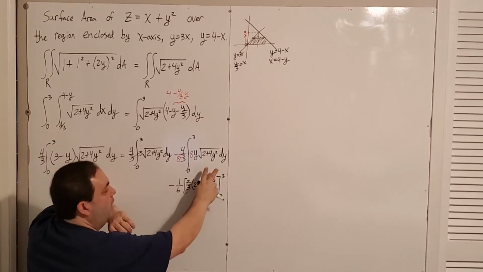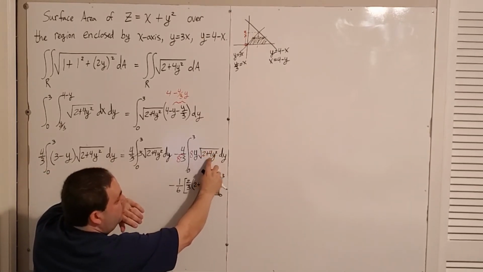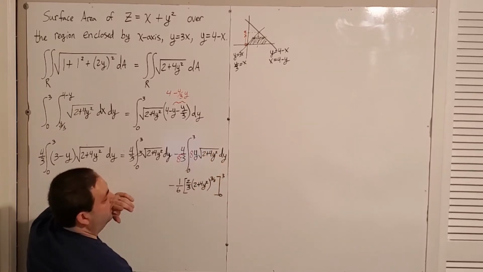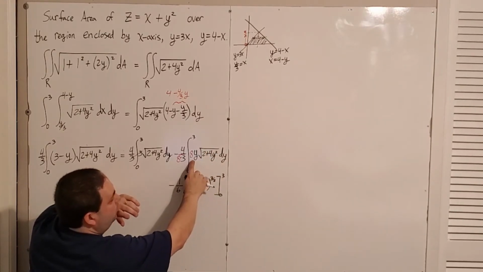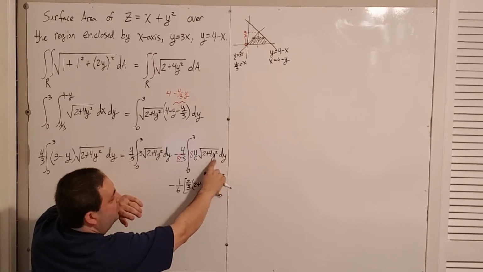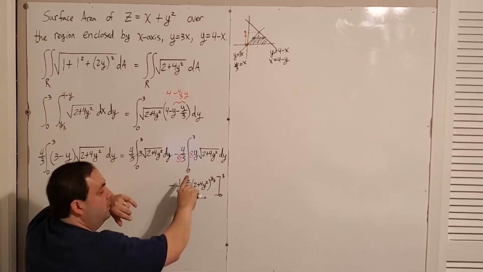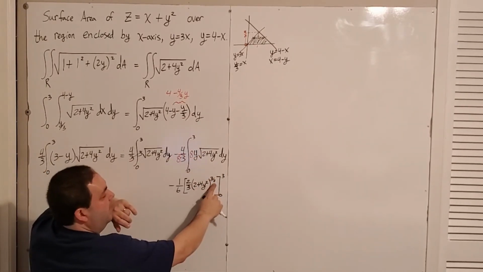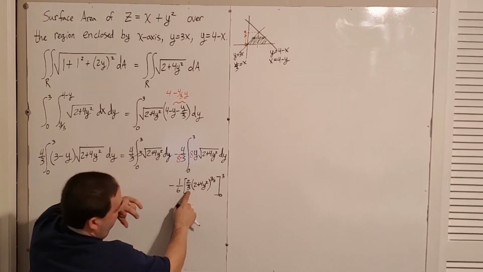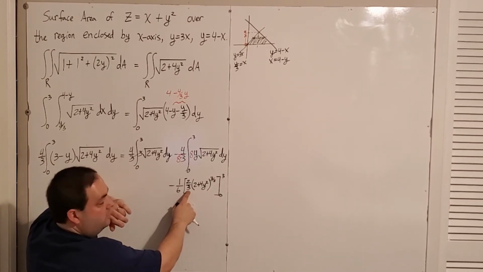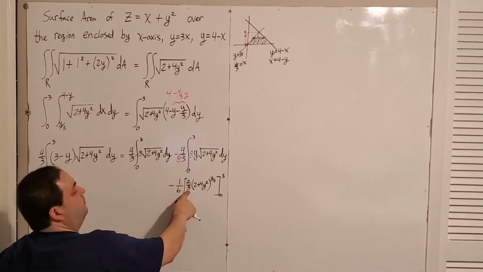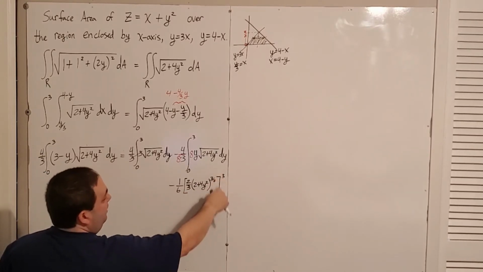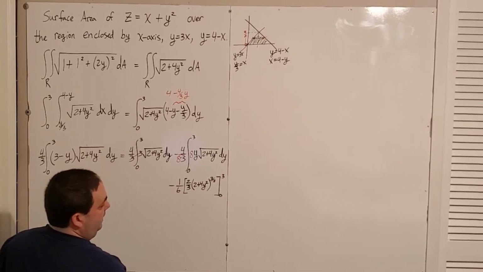What really happened, right? We did a substitution. I let u equal 2 plus 4y squared. Therefore, du is 8y dy. And it's to the 1/2 power. So the 1/2 power went up to 3/2, and then I divided by that 3/2 power. That's where I'm getting my 2/3 from. And then I just have to evaluate that from 0 to 3.